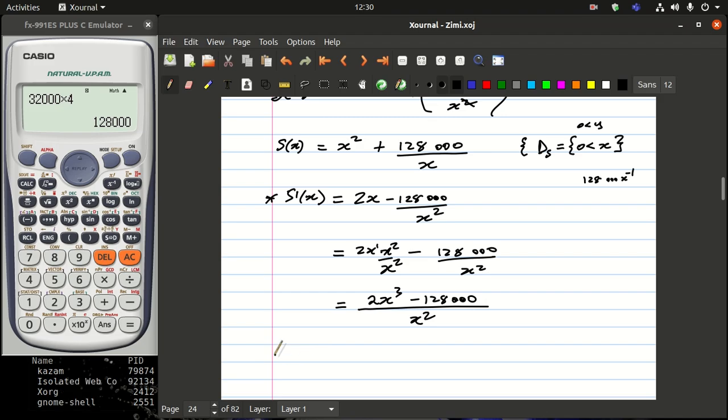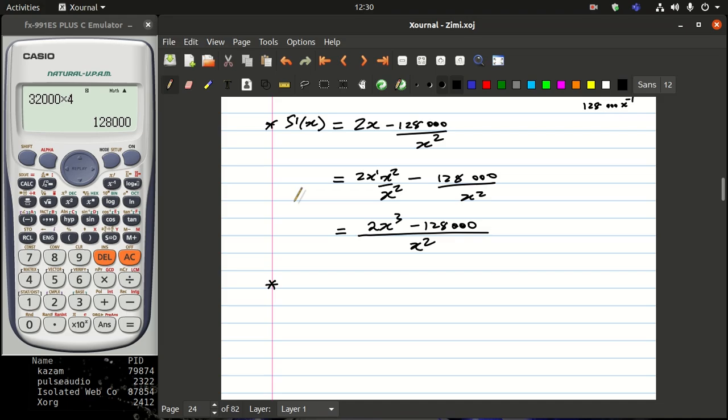And then the next thing that you want to do, you want to set this equal to 0. So the first thing that you want is x prime of x to be equal to 0, and then solve for x. Once we are having that, you will know that this is only going to happen if the numerator is equal to 0.